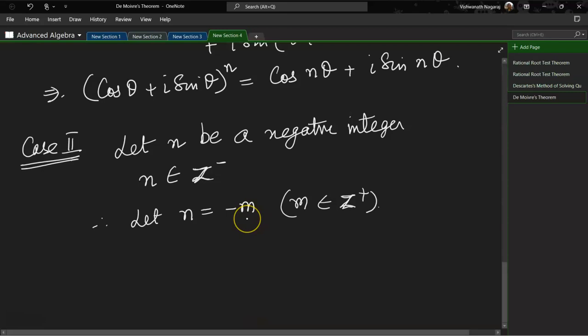So we want it to be negative. So m itself will be positive, with this minus it will be a negative number. Now in that case, what happens?